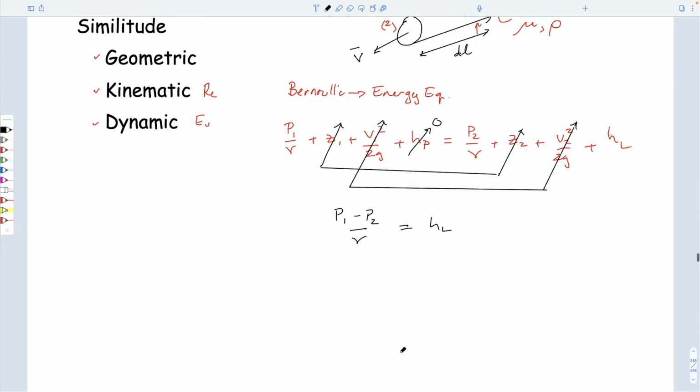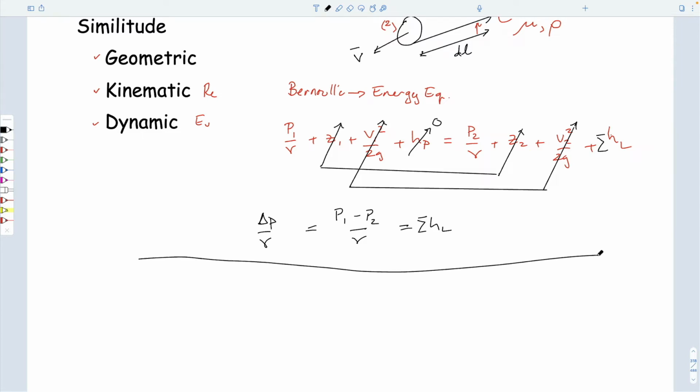And so I said before that the essence of pipe flow is that these losses that we have in our system, and I suppose we could write it as a summation, are just equal to the change in pressure over a unit weight. Units of length, units of length. So that's really what we were interested in, figuring out that system.